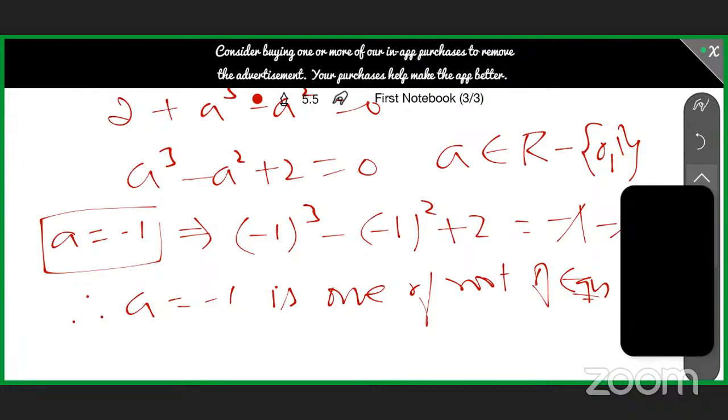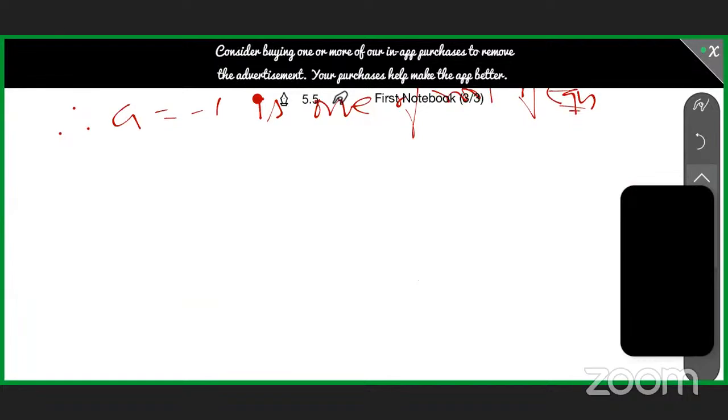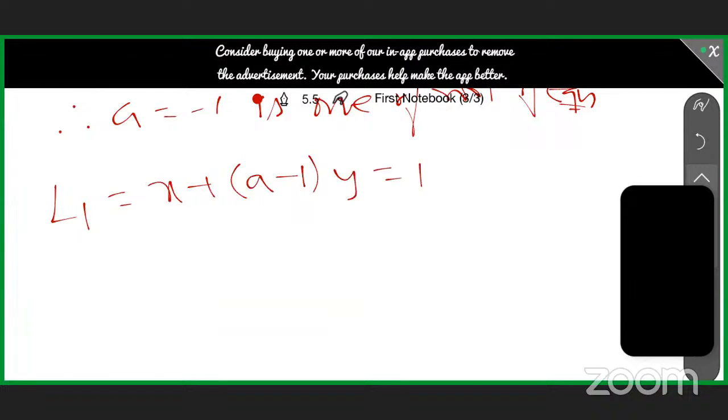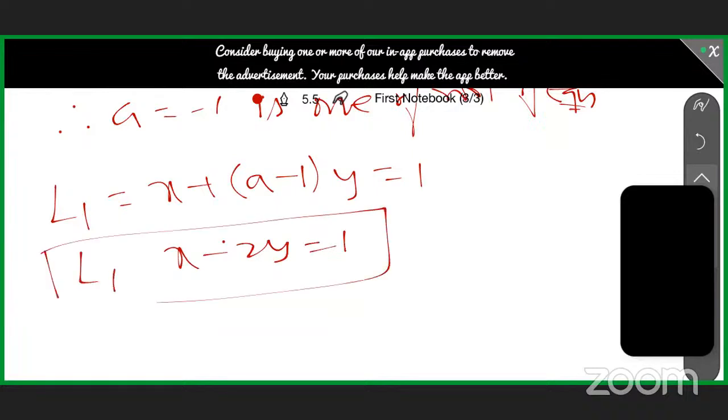So therefore, the given equation L1 is x plus (a minus 1) into y is equal to 1. This equation will become x minus 2y is equal to 1. My line 1 equation will become x minus 2y is equal to 1. What is my line 2 equation?